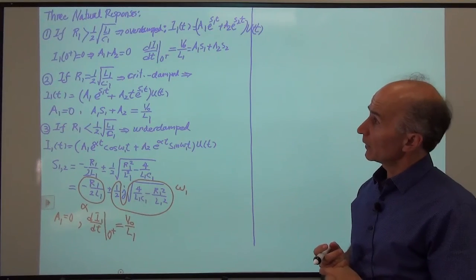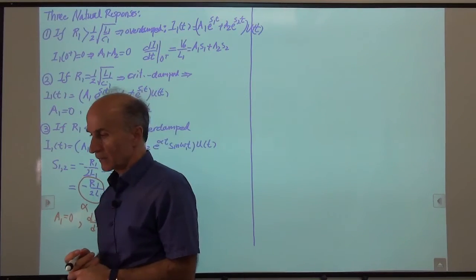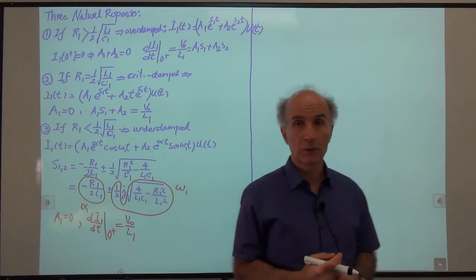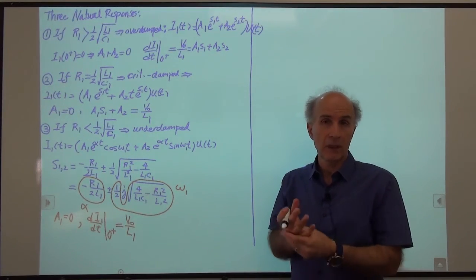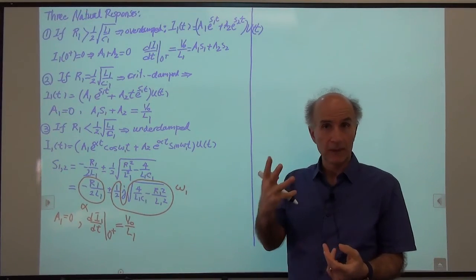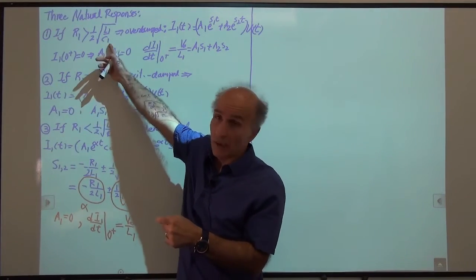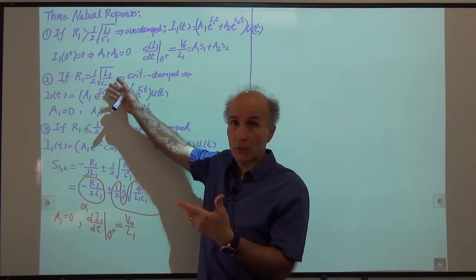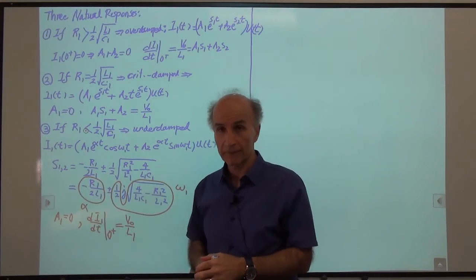Okay, so this was a quick analysis of the series RLC circuit. We see that the responses agree with what we would expect of a second-order system, right? A second-order system is governed by a second-order differential equation, so it must have these three possibilities, right? An overdamped response if the resistance is large enough, a critically damped response if the resistance is equal to this value, and an underdamped response if the resistance is small enough, right?